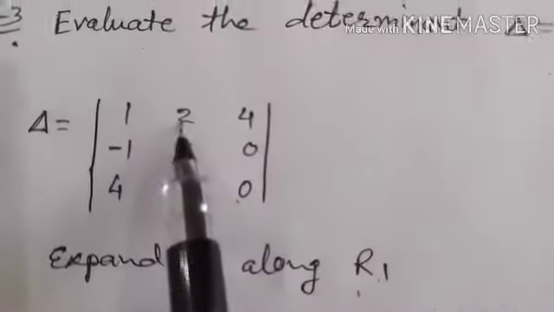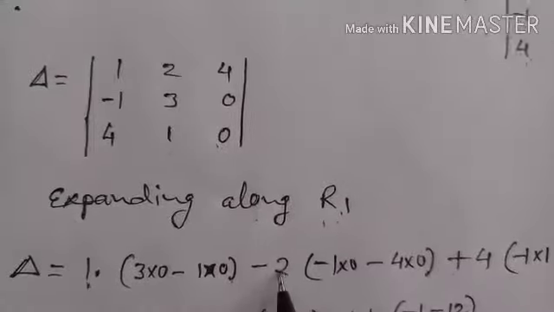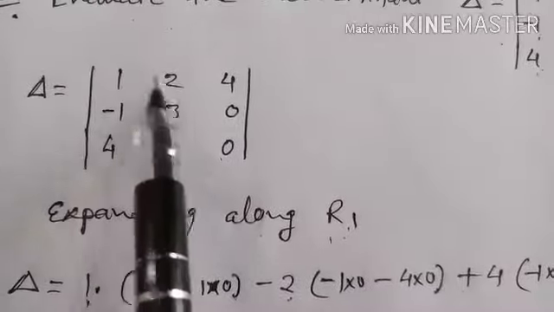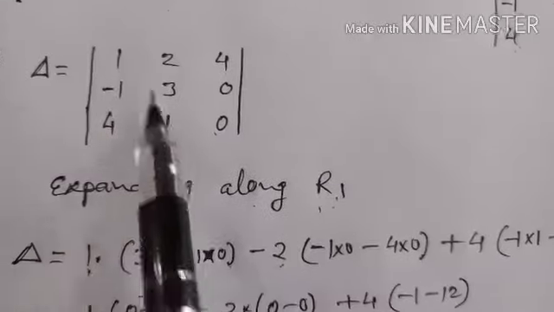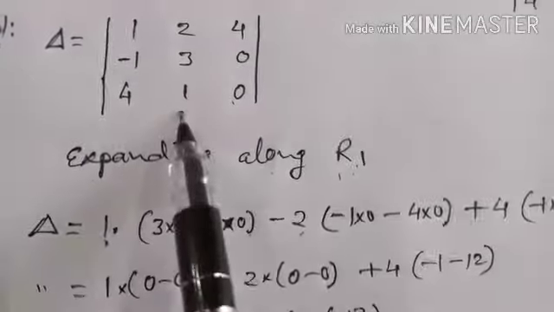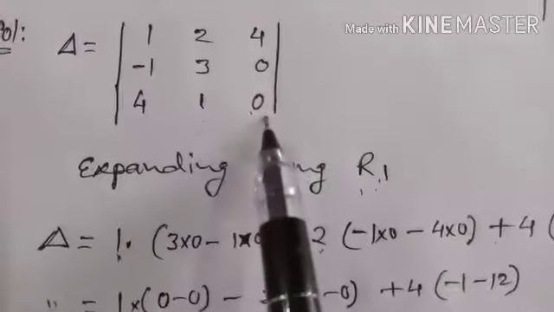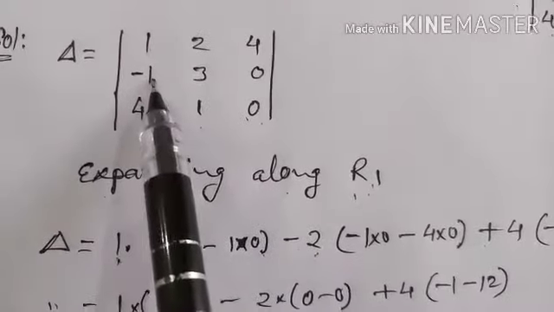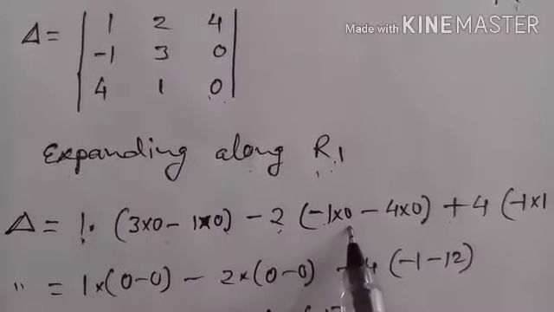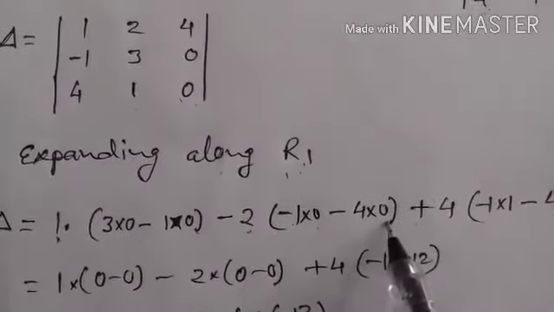Now second element, which is 2, with the minus sign. Since 2 lives in first row but second column, so first row deleted and second column also deleted, so only minus 1 0 and 4 0 remaining. So minus 1 into 0, minus 4 into 0.